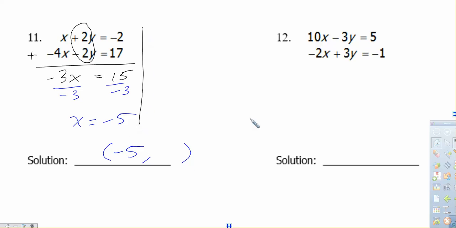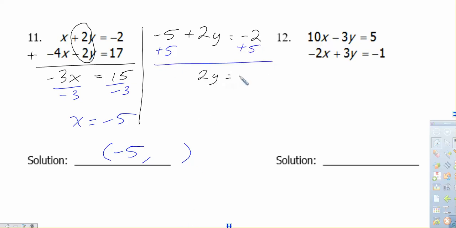Replacing that negative 5 in the first equation, we have negative 5 plus 2y equals negative 2. Adding 5 to both sides, we'll get 2y equals positive 3, dividing by 2, y equals 3 over 2.